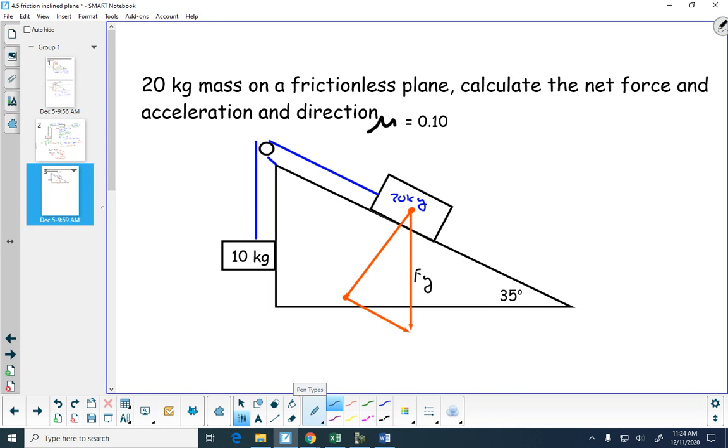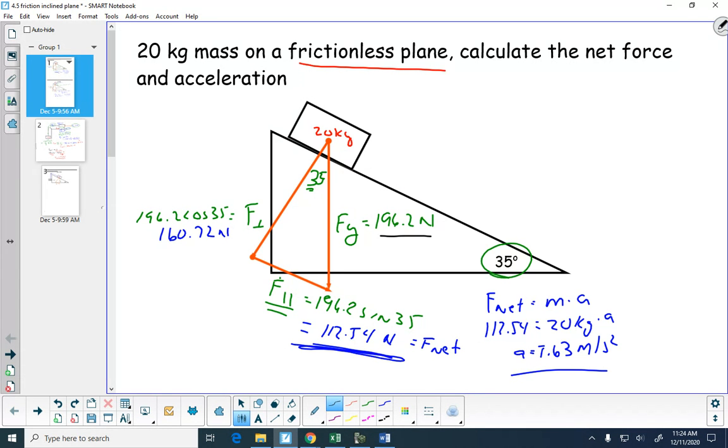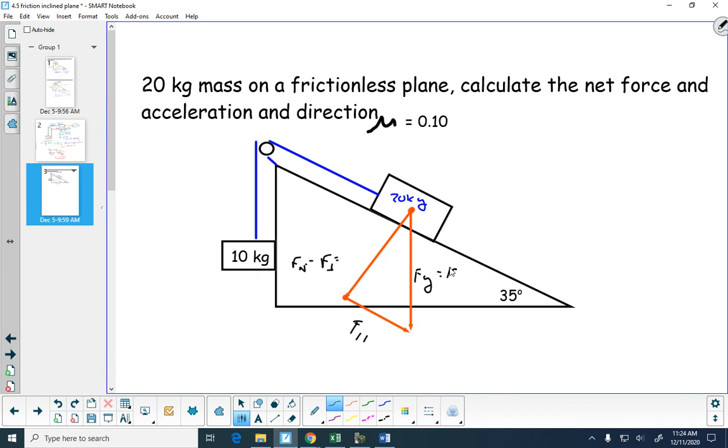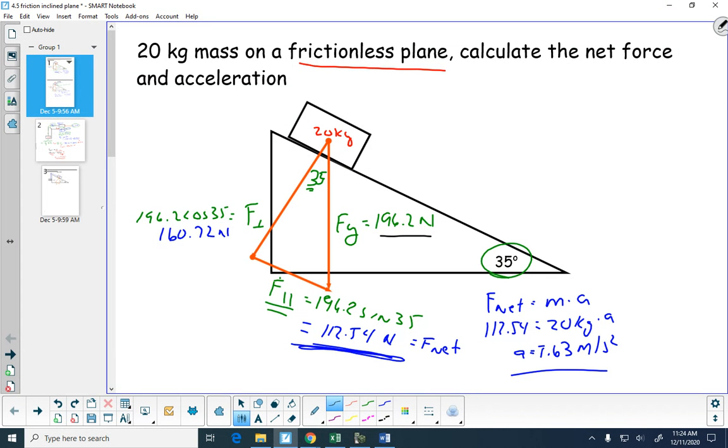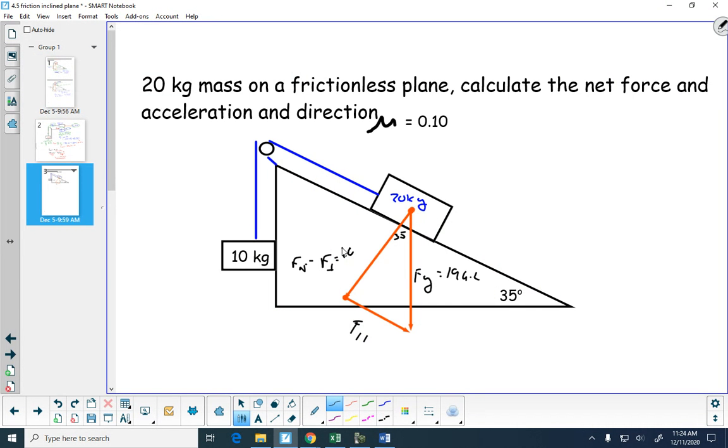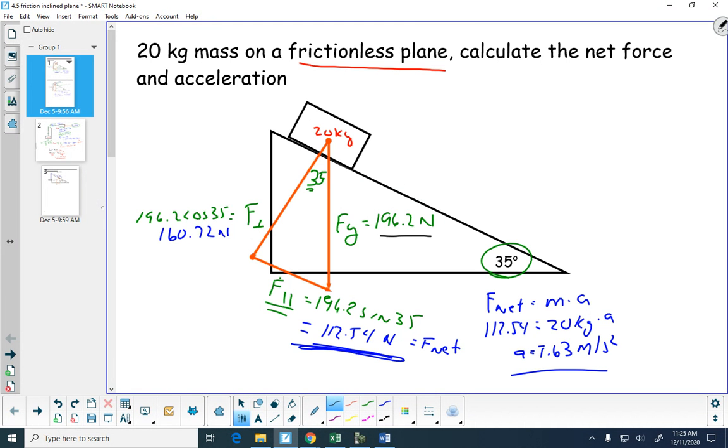We're still dealing with a 20 kilogram mass. We have 196.2. This is still 35 degrees. Let's see, 160.72 and 112.54.